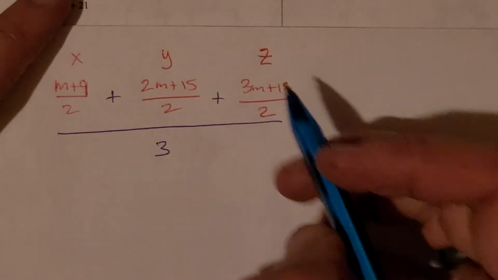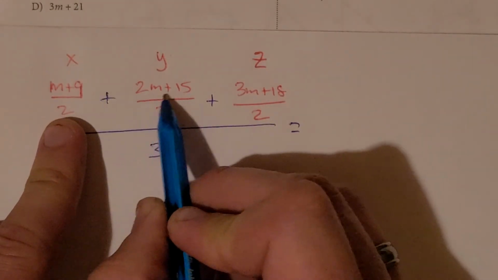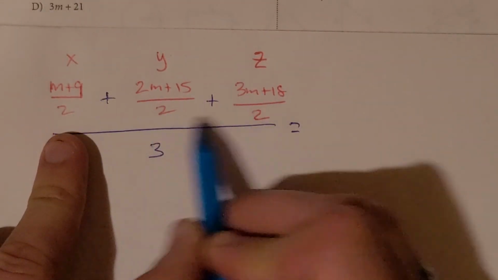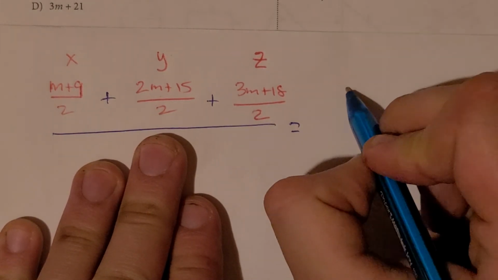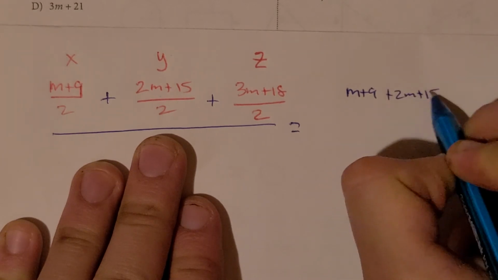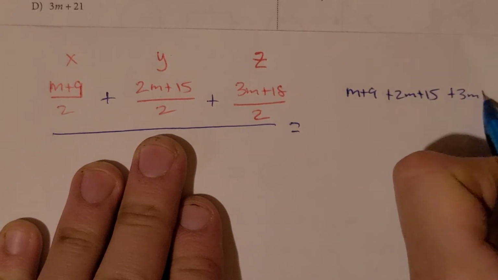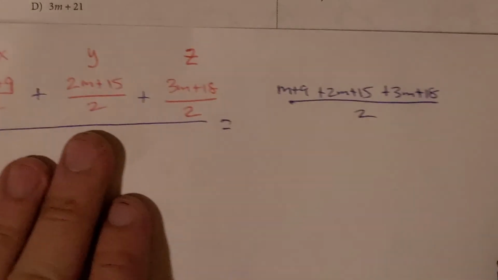Okay. Now, hopefully you can see that m plus 9, 2m plus 15, 3m plus 18, they all have the exact same denominator. So let's ignore this for a second. I can just put m plus 9 plus 2m plus 15 plus 3m plus 18 all over 2.